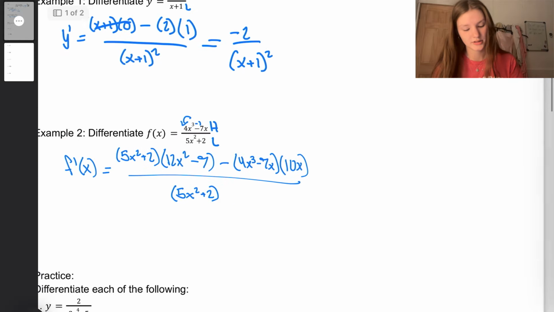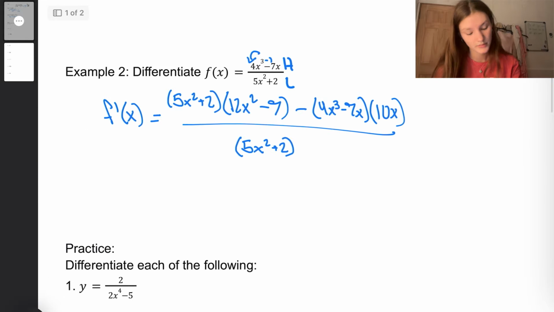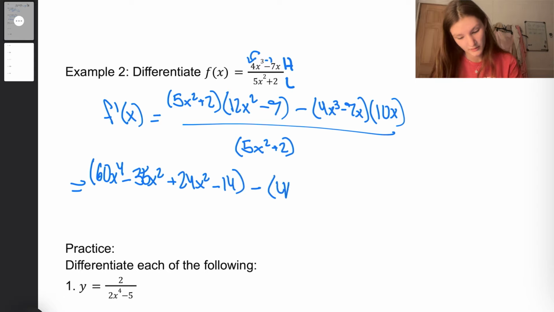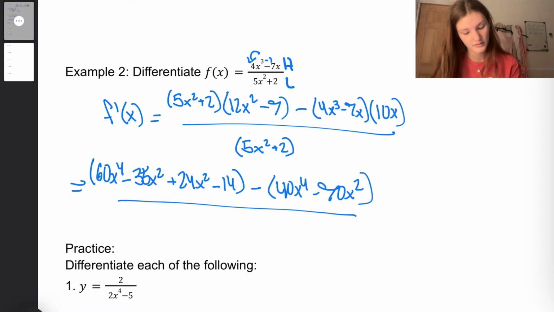This is going to be a whole big ordeal to factor out, but let's do it anyway in case it's on a multiple choice, because they're not going to answer it like that. So that's 60x to the 4th minus 35x squared plus 24x squared minus 14, minus 40x to the 4th minus 70x squared, over, that should be squared, 5x squared plus 2. It's fine.